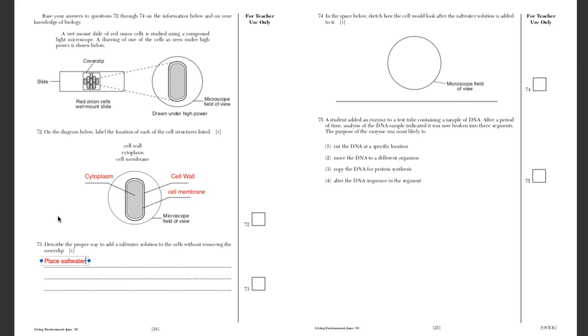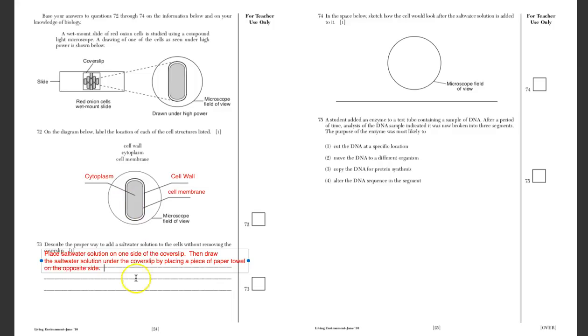Place salt water solution on one side of the cover slip, then draw the salt water solution under the cover slip by placing a piece of paper towel on the opposite side.